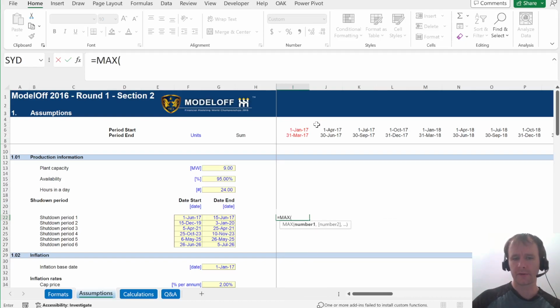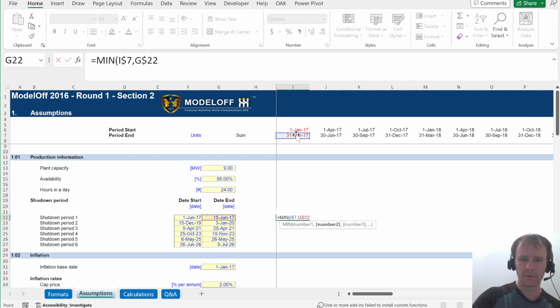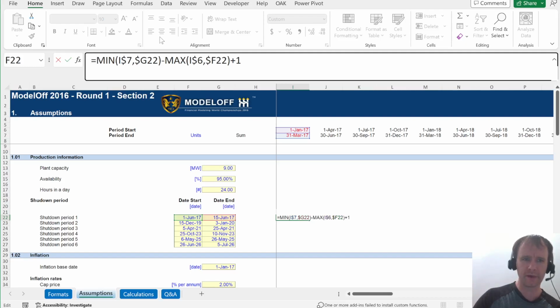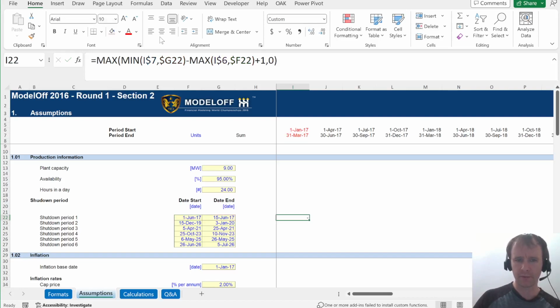the min of the end dates minus the max of the start dates plus 1, and then you need to take the max of that and 0, because that'll go negative if you're outside the period.